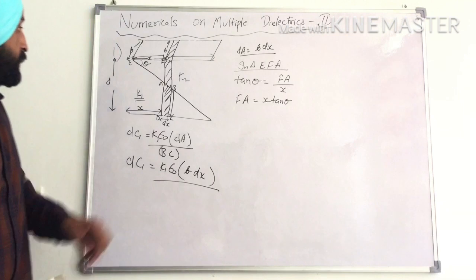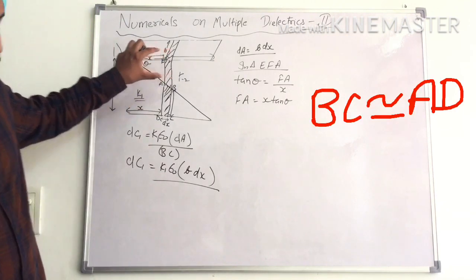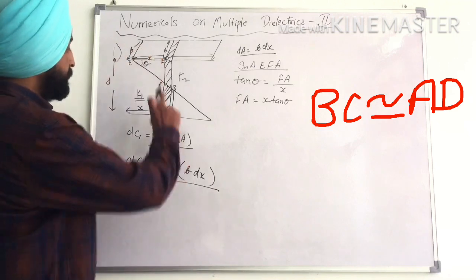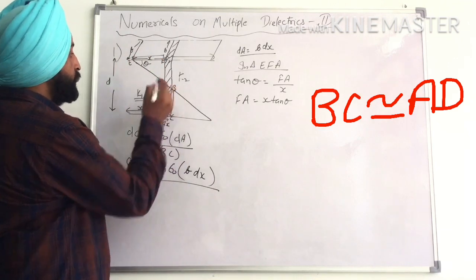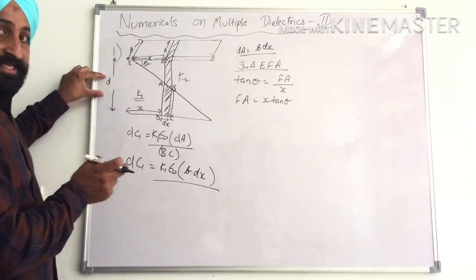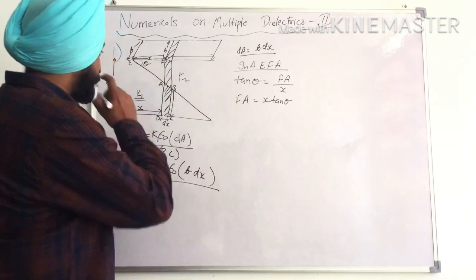Clear? Now, if this value is x tan theta, then what will be the value of AD? We know FA plus AD is equal to D, the separation between the two plates. Fine.